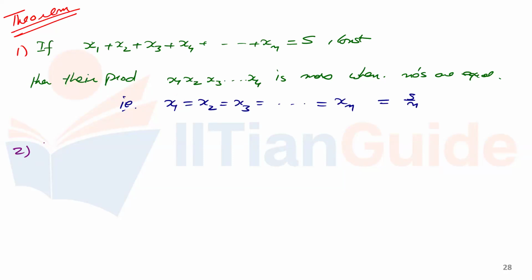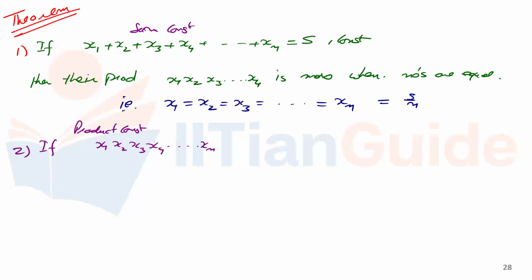The second theorem: in theorem number 1 the sum was constant, now I'm saying the product is constant. x1 into x2 into x3 into x4 up to xn, I'm writing product constant. Here I'm writing sum constant.